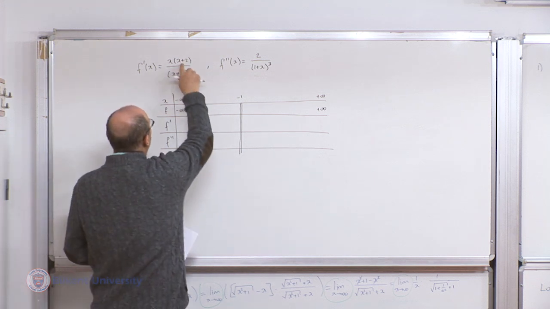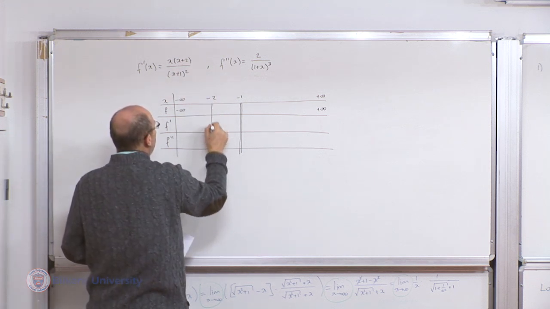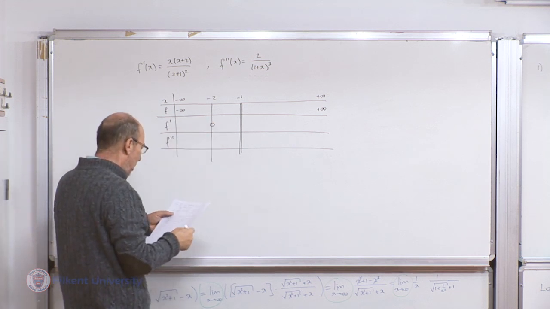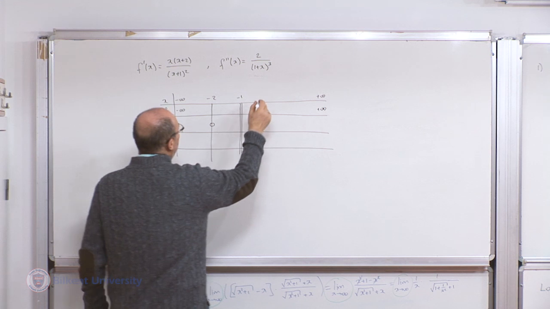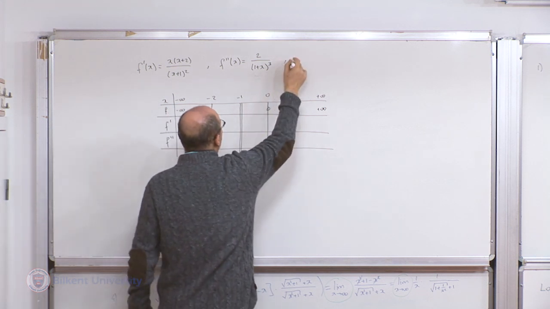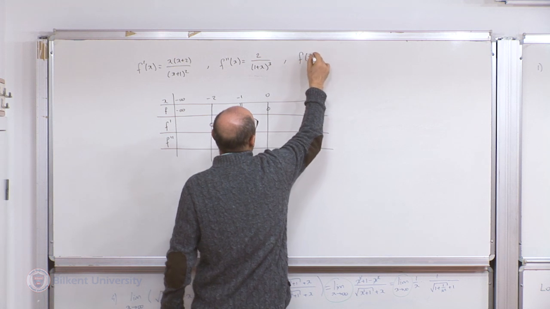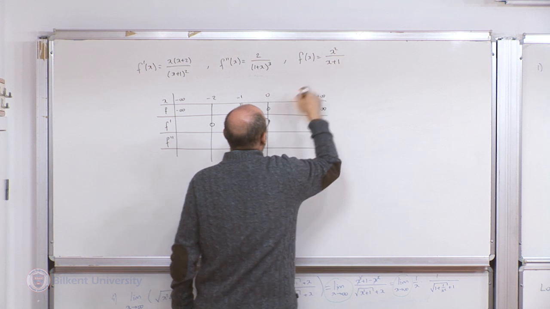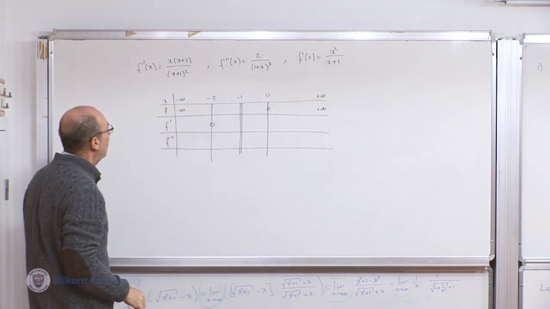At x equals minus 2, there is something happening. The first derivative is 0. And at 0, the function is 0. Maybe I remind ourselves what the function was. This is x squared over x plus 1. So that's where the function is 0.